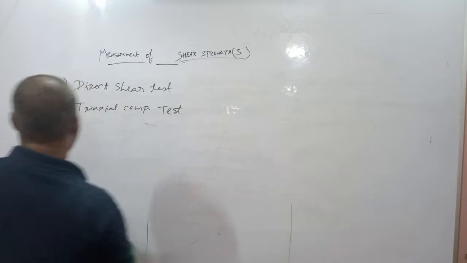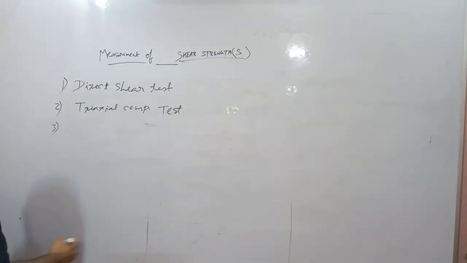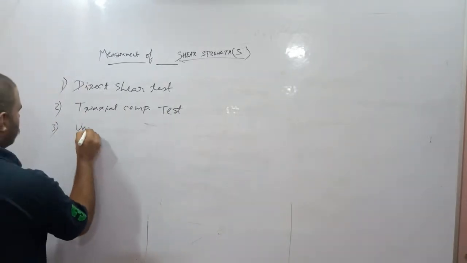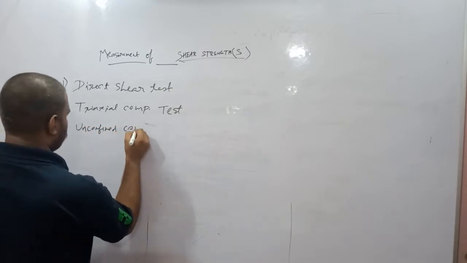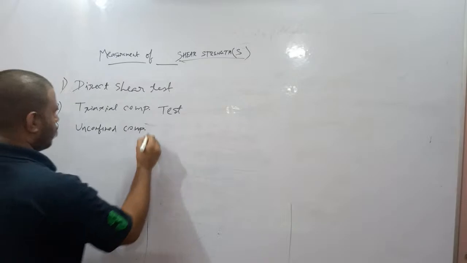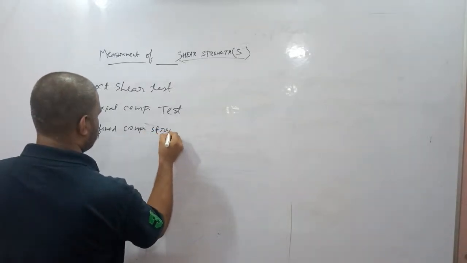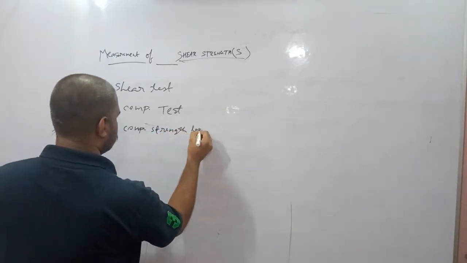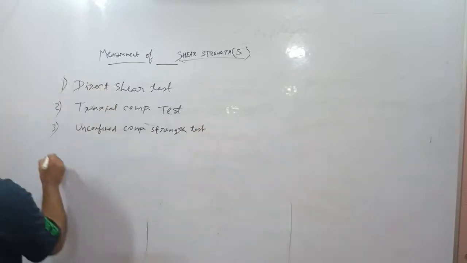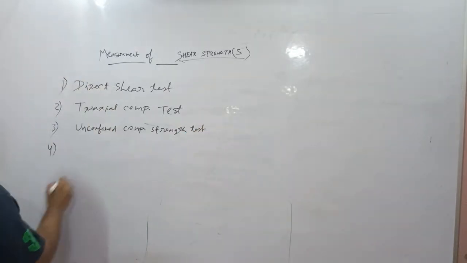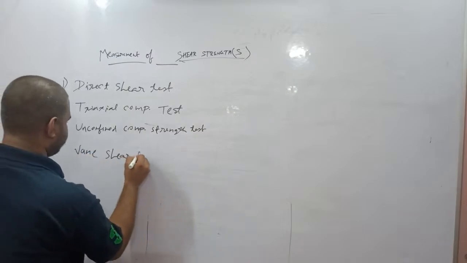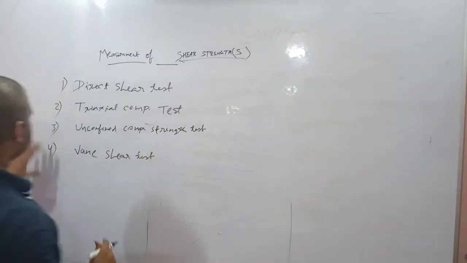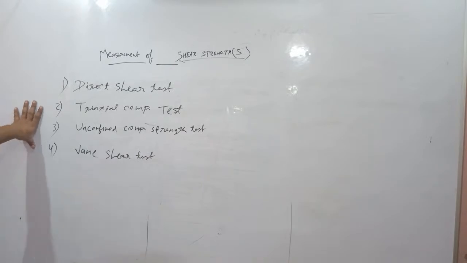Then the third one is the unconfined compressive strength test, and the fourth one is the vane shear test. So these are the four tests which we perform on the field to calculate the shear strength of the soil.